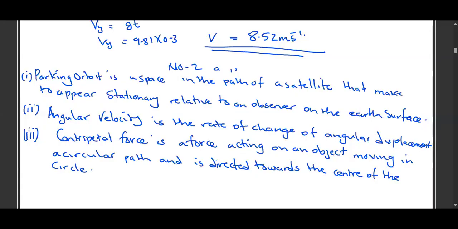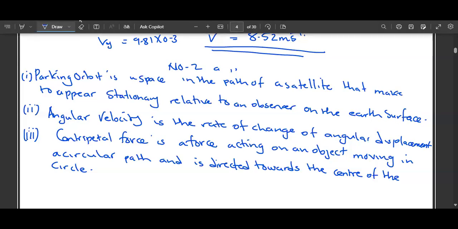All bodies moving in circular motion experience this force. This is the force that is responsible for keeping them in that kind of motion. That is centripetal force.